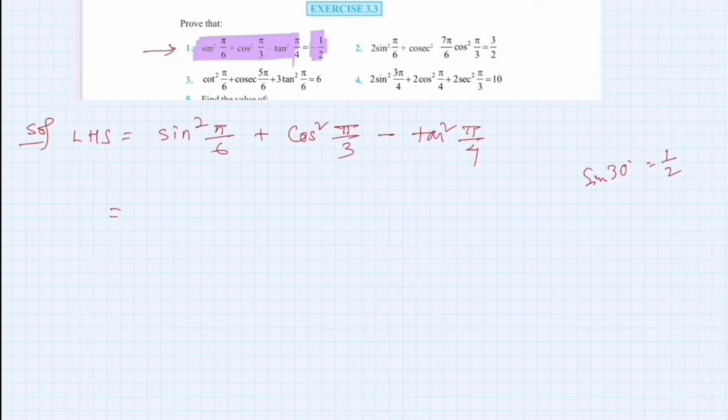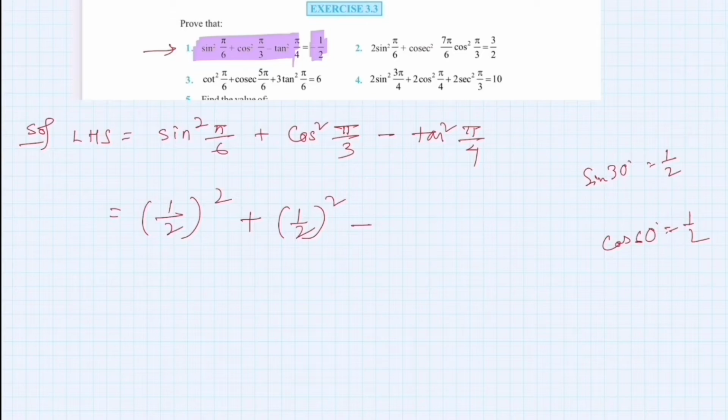So it must be half square, because there is sine square. Then cos pi by 3 means cos 60, which is again half, so it must be half square. Then tan square pi by 4: pi by 4 means tan 45 degrees, that's equal to 1. So it must be 1 square.